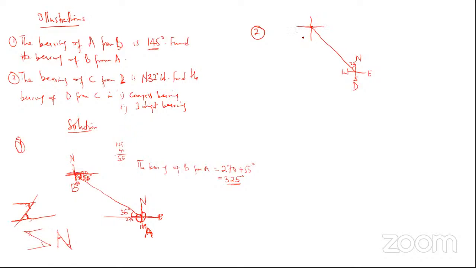So it means we have C here. Put your 4 cardinal points: north, south, west, and then the east. So we need to find the bearing of D from C. It means we'll go to C and measure.